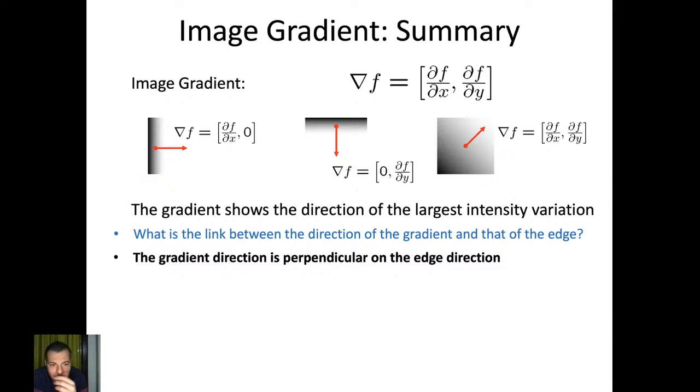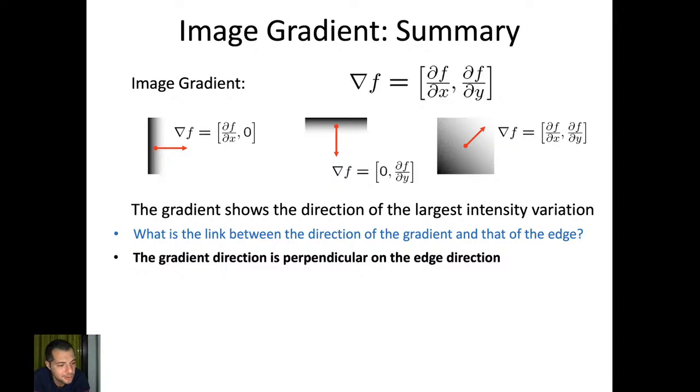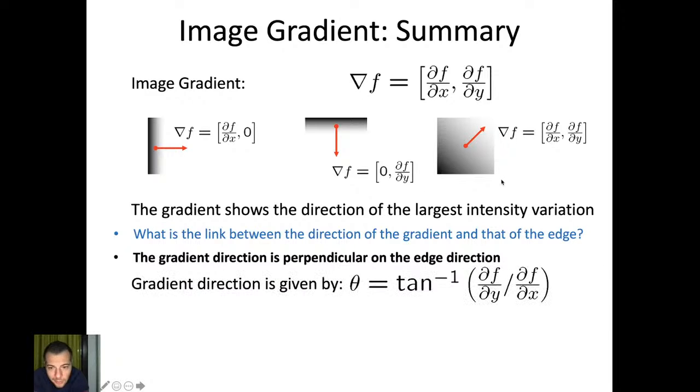Okay, so I was supposed to ask this question, but I pressed next too soon. But it was an obvious question. So the direction of the gradient is perpendicular to the direction of the edge. So this was obvious.